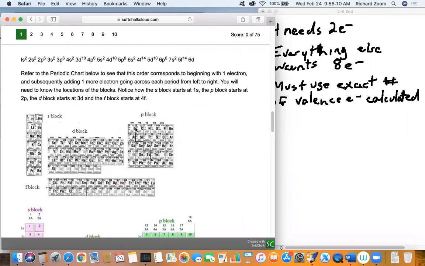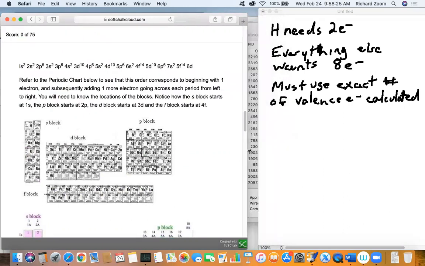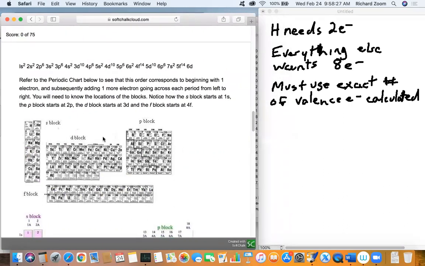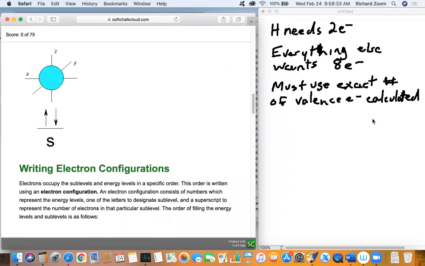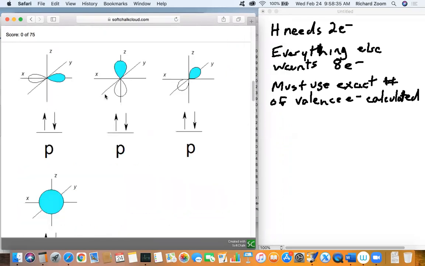Those column numbers are often written above, and sometimes they aren't, but you should be able to know what those column numbers are, and that tells you how many valence electrons there are in that group. So we'll always be referencing back to that to get the number of valence electrons, and we have to use that exact number when we're doing a Lewis structure.